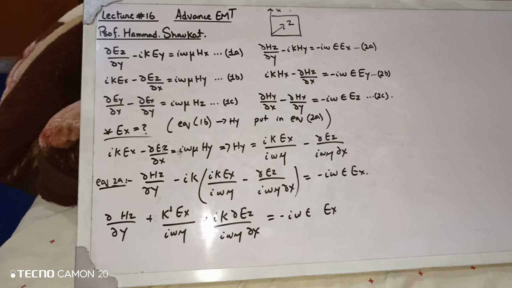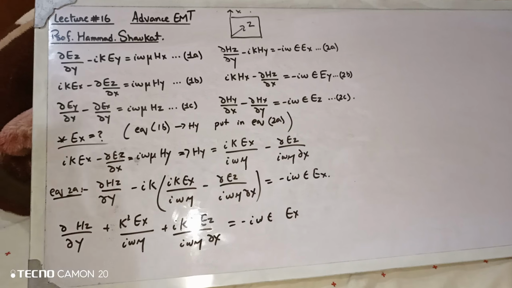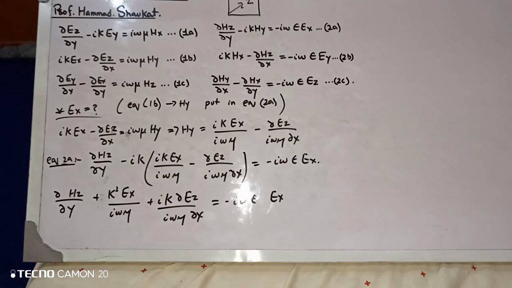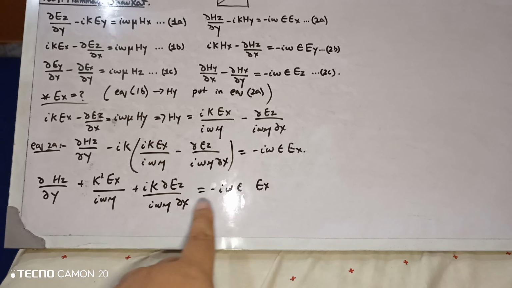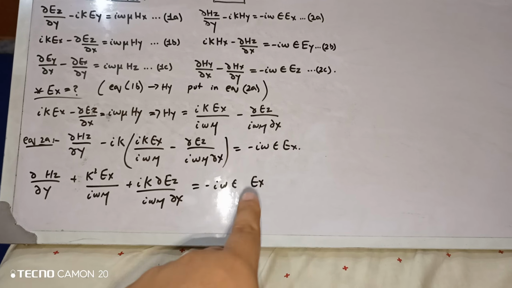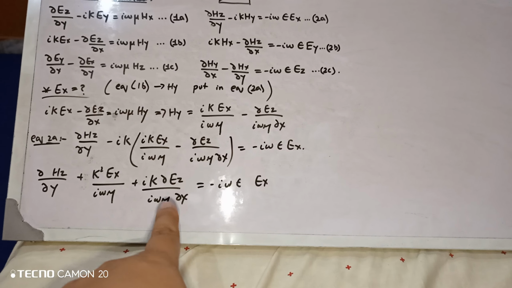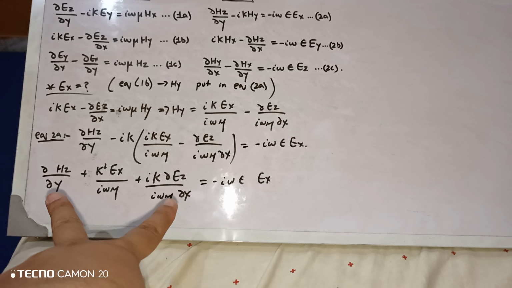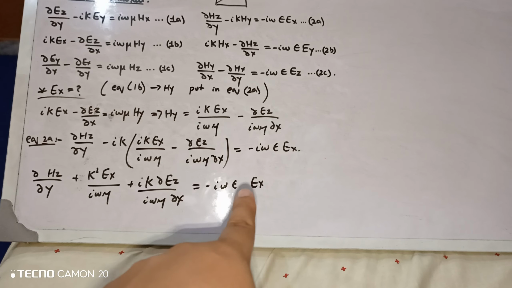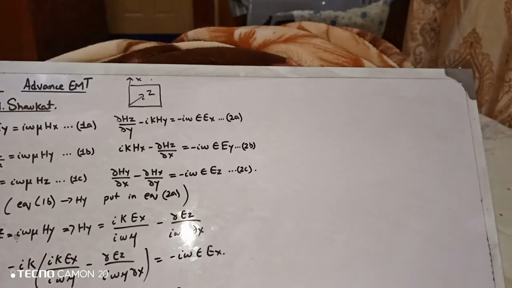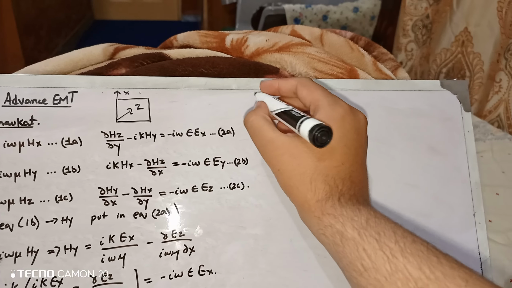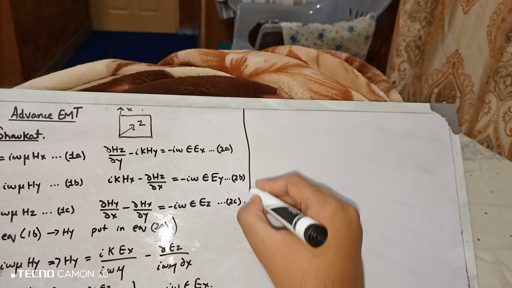Now move further from here because we have to find Ex. Here you can see Ex and here is Ex, so move this term to the Ex side and move these two terms to the other side. So let's write it here.